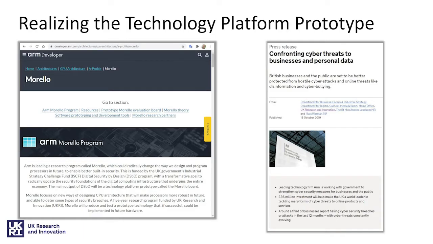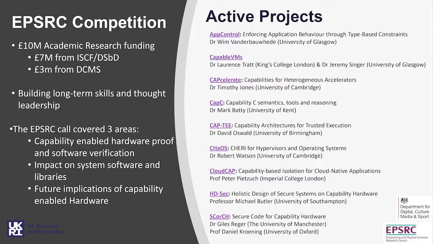So the biggest part of this, and again, Richard will be talking about the Morello program in much more detail, was the creation of a hardware prototype that could actually be used to research and understand the impact and the cost and the benefits of introducing this fundamental research change. If we're making such a fundamental change, however, there are a lot of questions that come up.